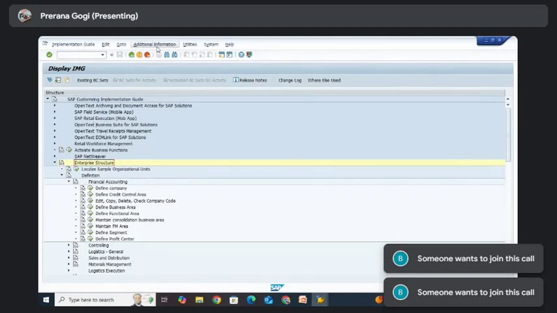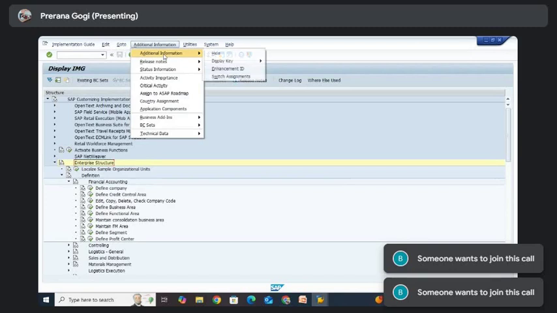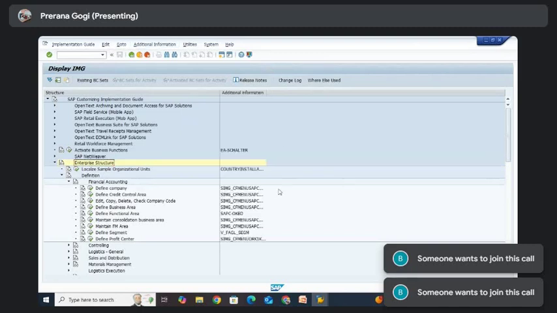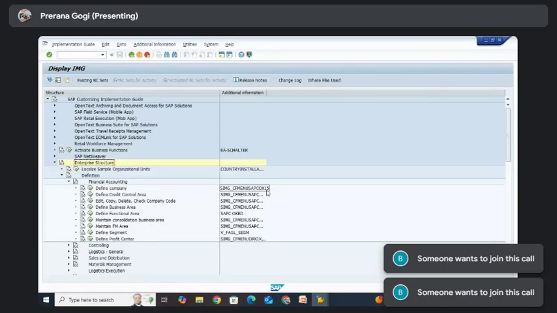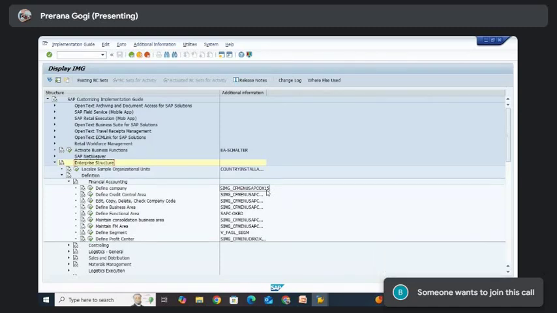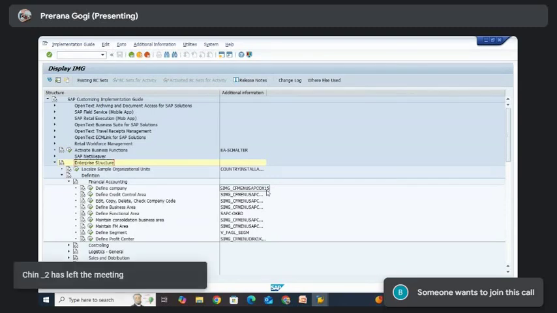You can see this additional information, display keys, IMG activities. All the keys, the last 4 digits are the T codes. So basically financial accounting, SAP FICO or any other modules will work on transaction codes. Literally you need to learn those transaction codes by heart.